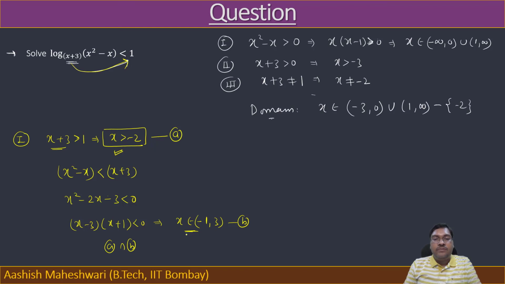Because we can accept only those values here which are in the condition which we have taken. So here you have x greater than minus 2, here this is between minus 1 and 3, and you can see all these values are in this set also. So what is the intersection? This is x belongs to minus 1 and 3. Okay, so this is the first solution. We are not saying this is the final solution, because in the last we have to take the intersection with the domain also.